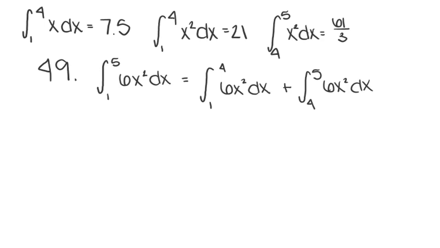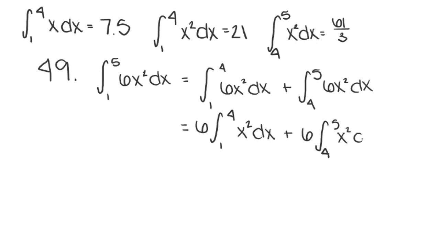So the next thing I'm going to do, I'm going to move that coefficient outside of the integral. So we get 6 times the integral from 1 to 4 of x squared dx plus 6 times the integral from 4 to 5 of x squared dx. And now we have stuff that looks exactly like what we were given.